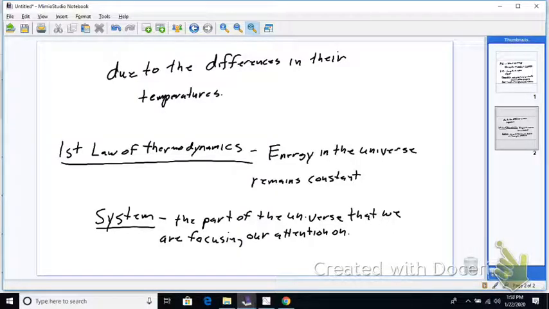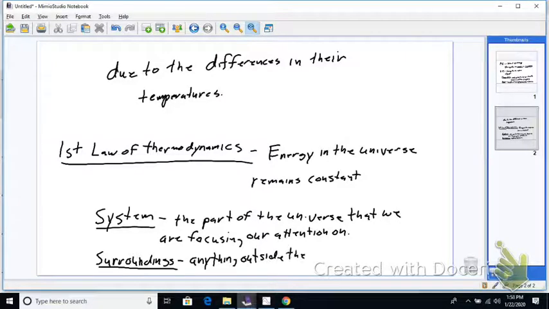The surroundings is anything outside the system. So it's everything else. These two make up the universe.